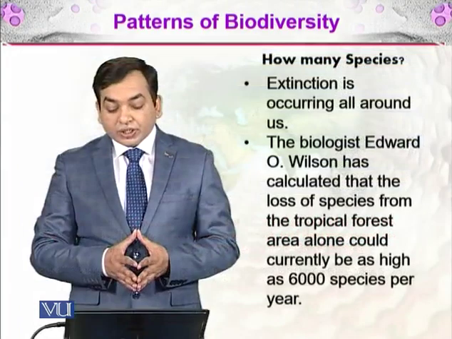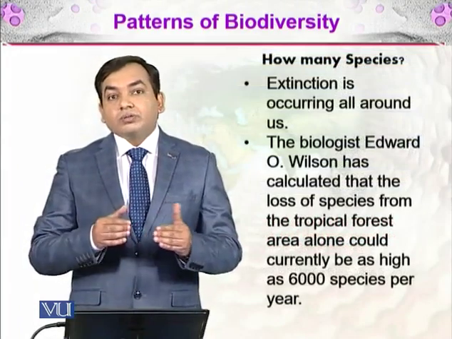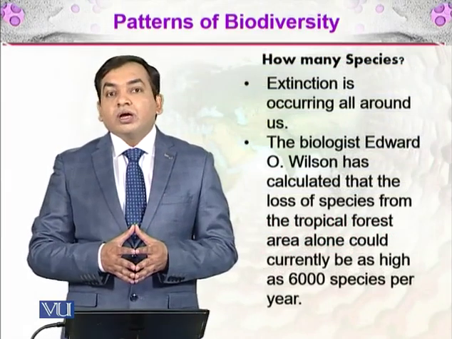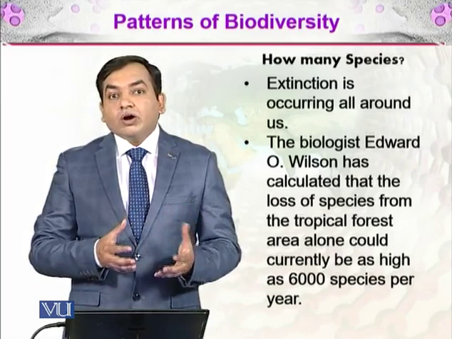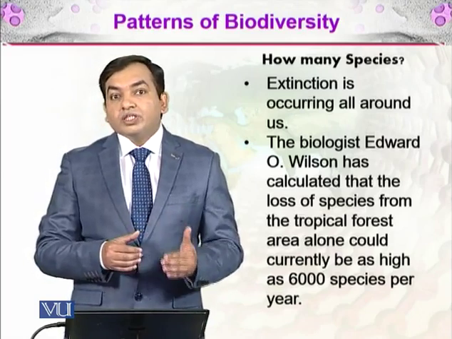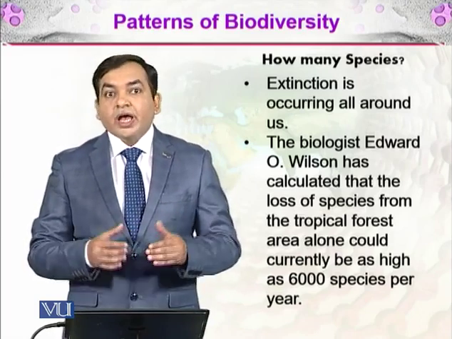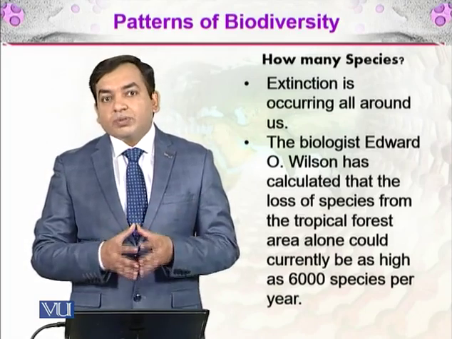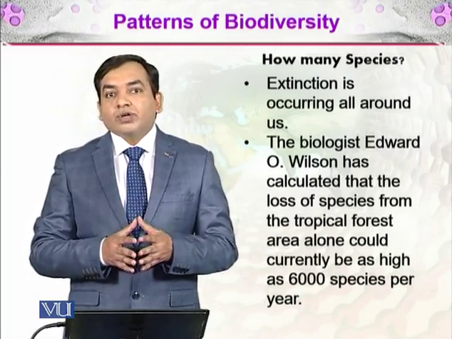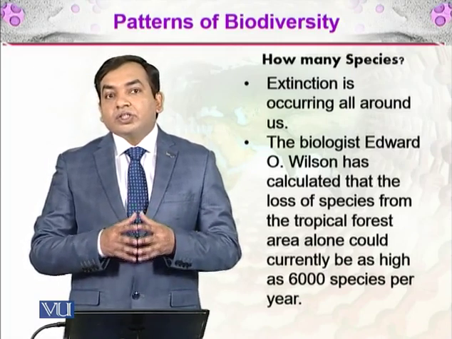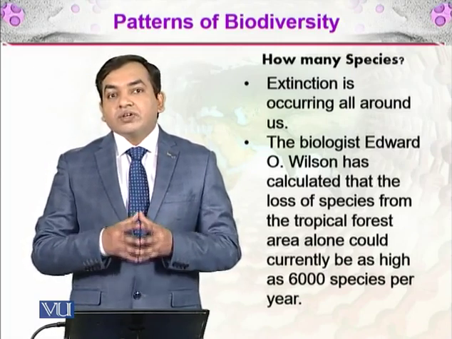Extinction is occurring all around. Another problem with estimating the number of species is that we are not counting how many of the species that we have identified have gone extinct, because we have just identified, cataloged, and studied those, but they may not be present even today.